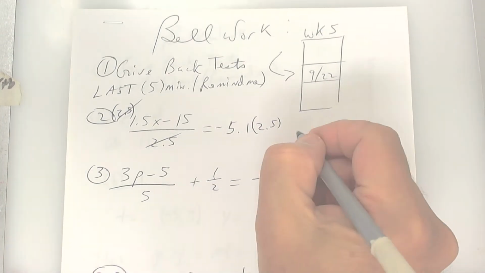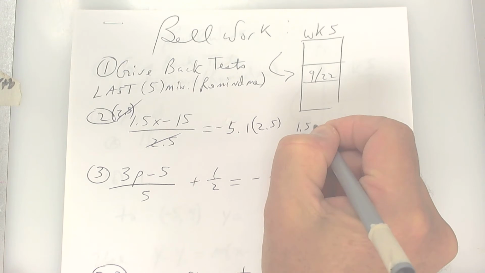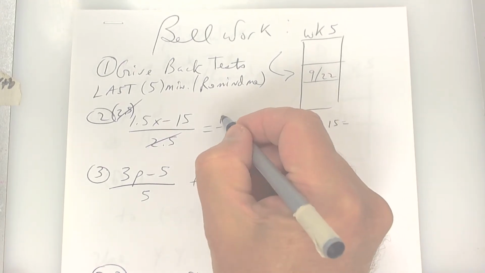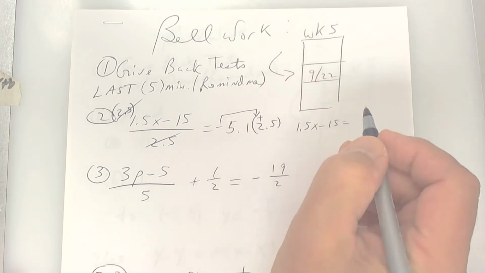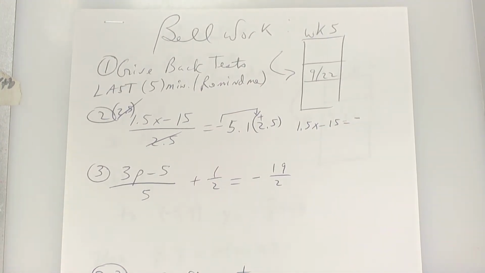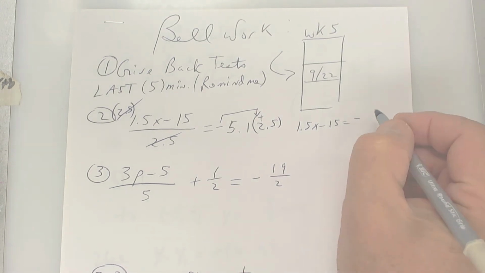So you're going to get 1.5x minus 15 is equal to whatever this is. A negative times a positive, that's one negative, so that will be a negative. And then 5.1 times 2.5 is going to give me 12.75.